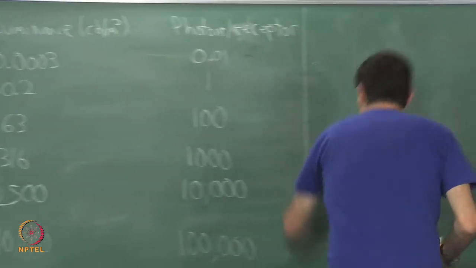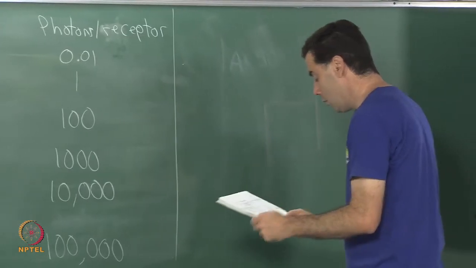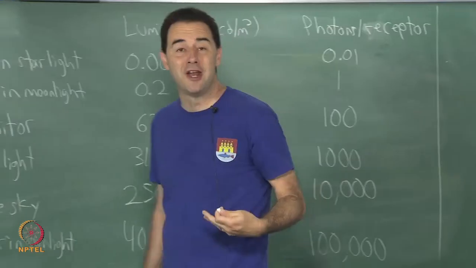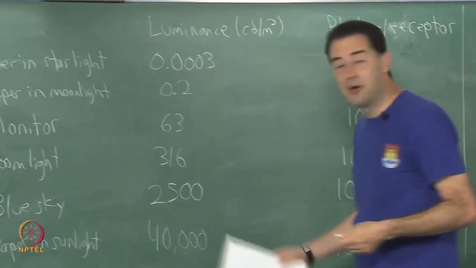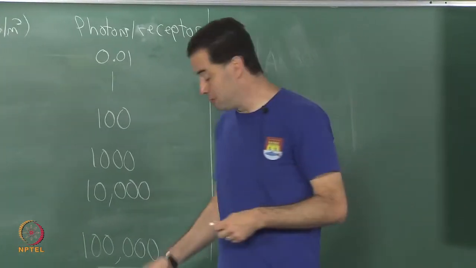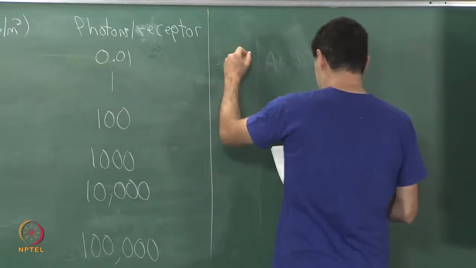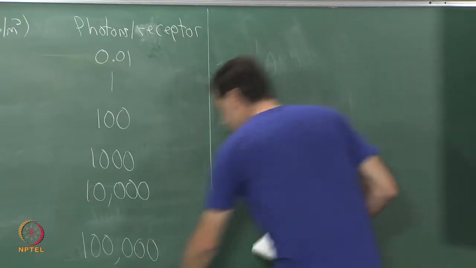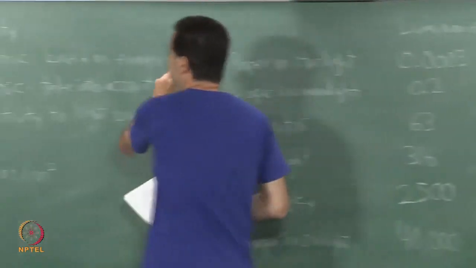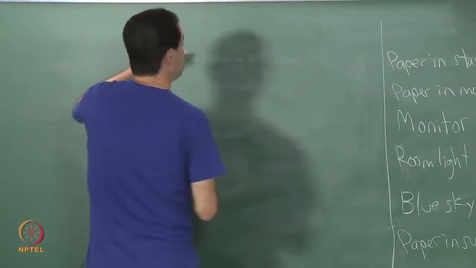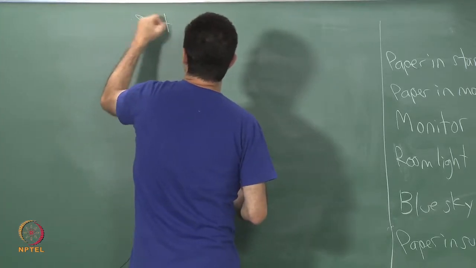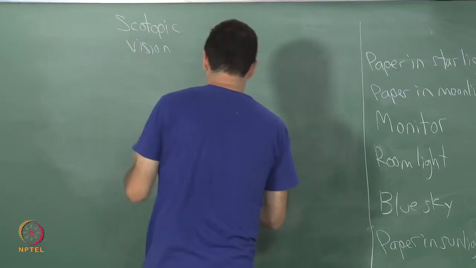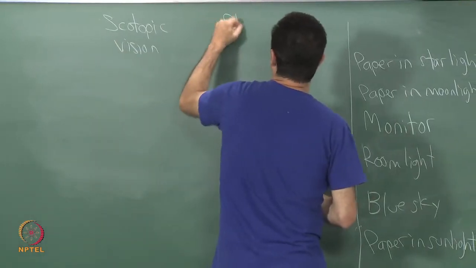So one thing I want to talk about is because of the way rods and cones are divided up and they have different functions, we end up with two different kinds of vision modes. One is called scotopic vision. I'm going to write it on the other side of the board because I'm afraid I'm running out of space over there. So scotopic vision. And the other one is called photopic vision.